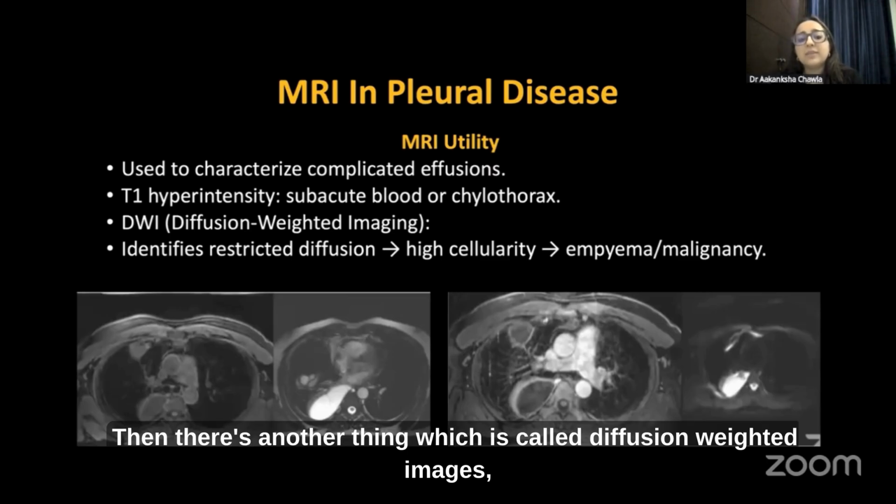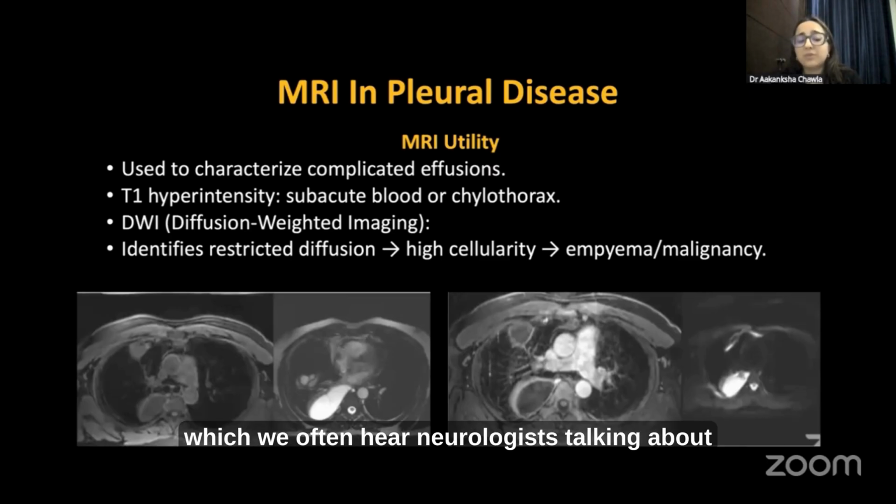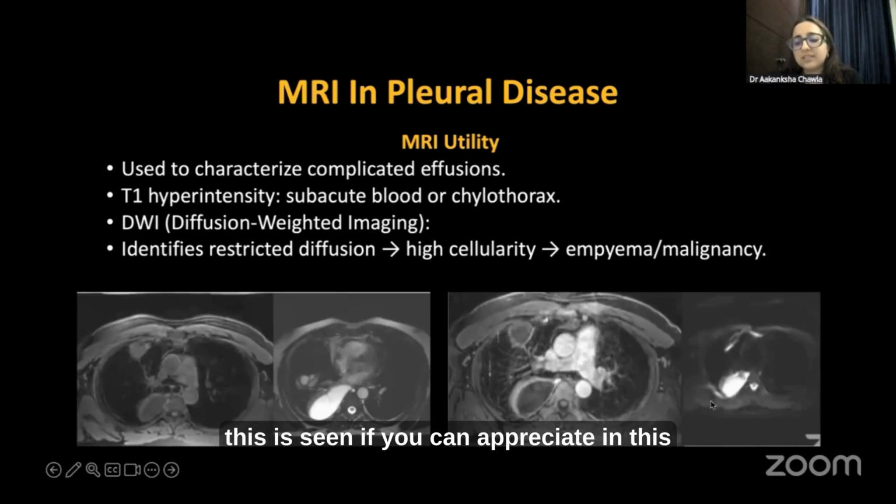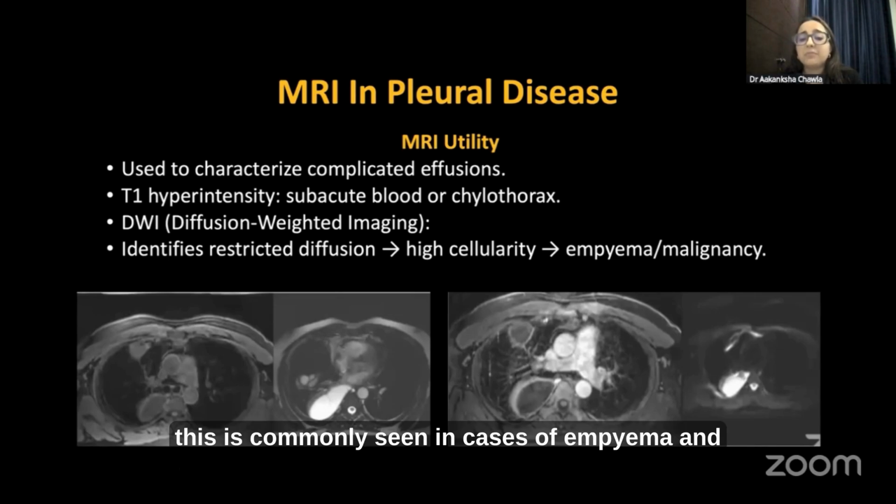Then there's another thing which is called diffusion weighted images, which we often hear neurologists talking about in MRI head. This is basically restriction of diffusion because of high cellularity. If you can appreciate in this cut, there's a very high intensity image. This is commonly seen in cases of empyema and malignancy.